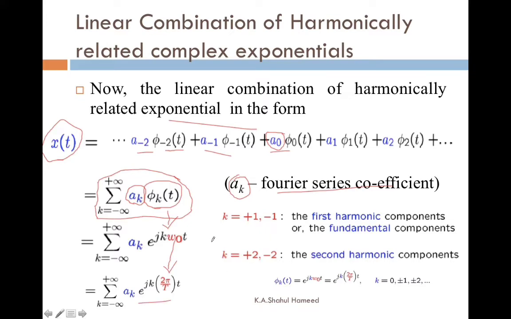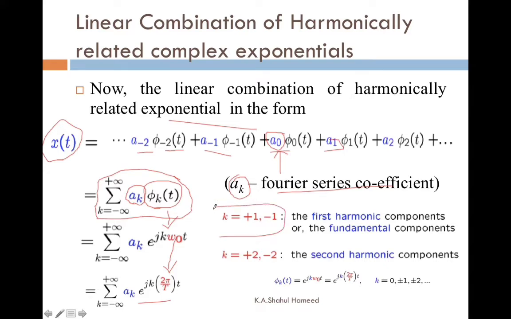Here you can find a naught is the DC component, and a1, a minus 1, a2, a minus 2, a3, a minus 3, something like that will go.